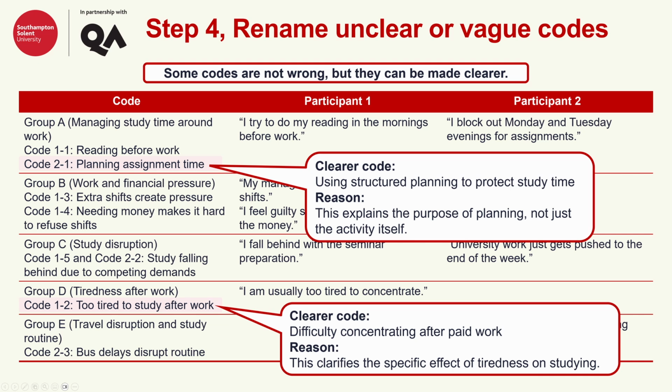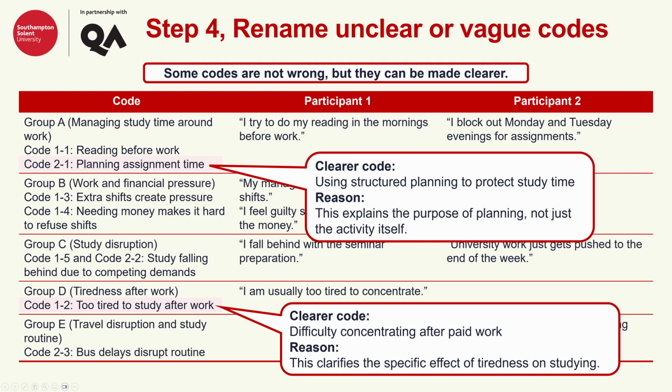In Group D, "too tired to study after work" is understandable, but the extract is more specific. The participant is too tired to concentrate. Renaming the code as "difficulty concentrating after paid work" clarifies how paid work affects the participant's ability to study.